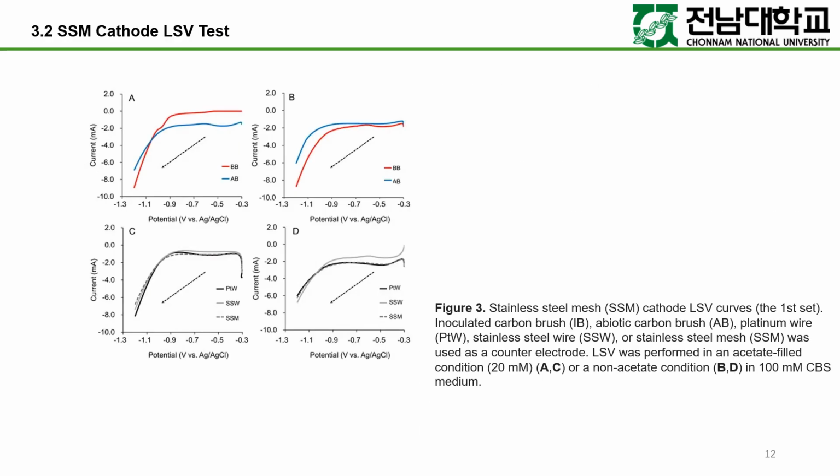Then is stainless steel mesh cathode linear sweep voltammetry test. The current value generated in the cathode LSV test is a clear indicator of the electrochemical activity of the cathode in hydrogen production. Therefore, the cathode LSV test is performed to confirm the hydrogen production performance, and the point electrode is mainly used as a counter-electrode.